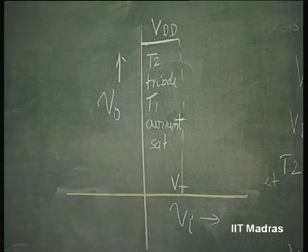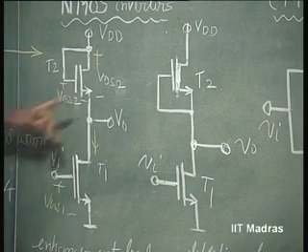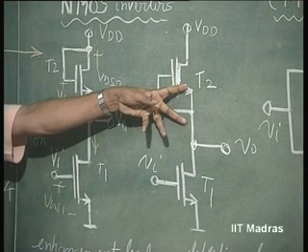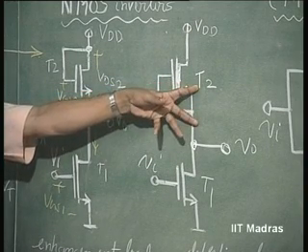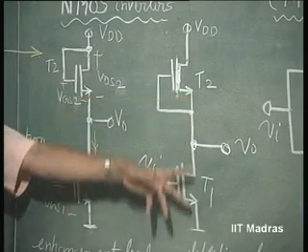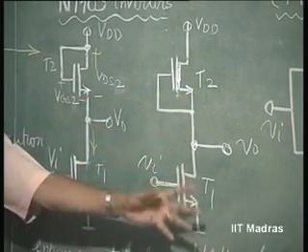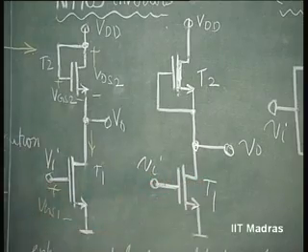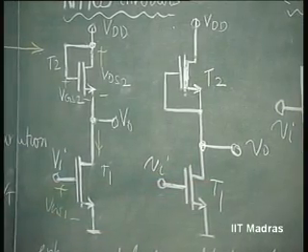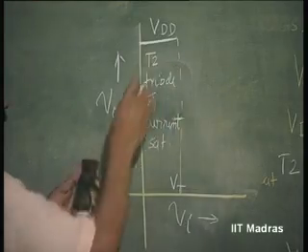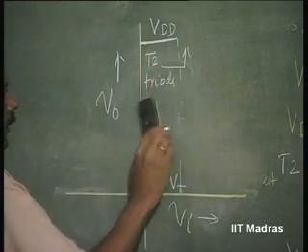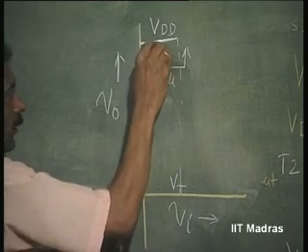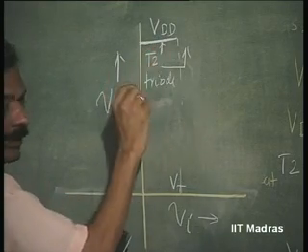Thereafter, what happens? T2 will continue to be in the triode region. T1 has now come out of off state, right. It is in the current saturation region. Actually, T2 in the triode region in both these places.